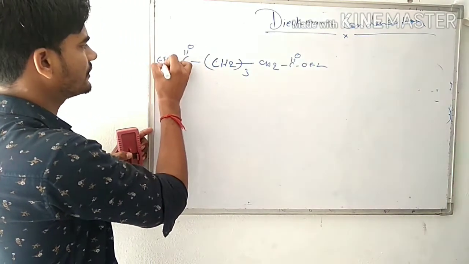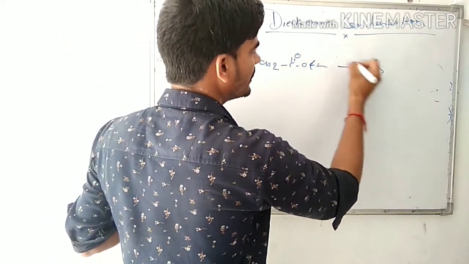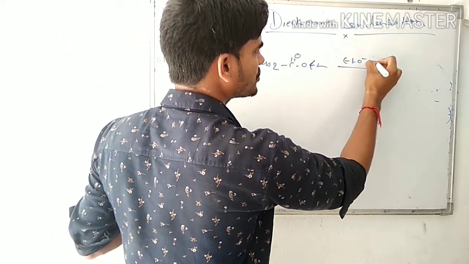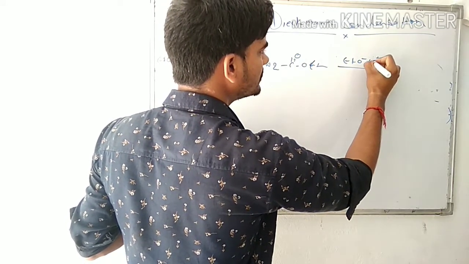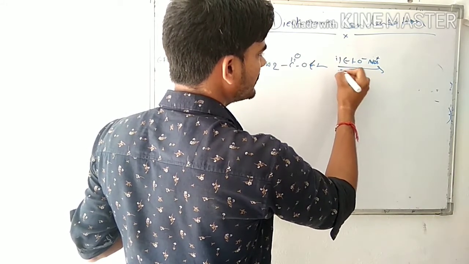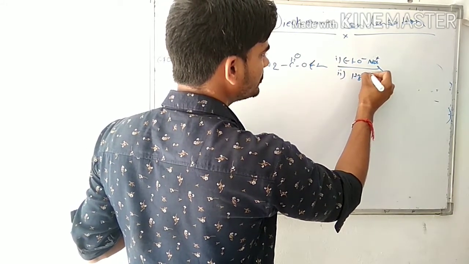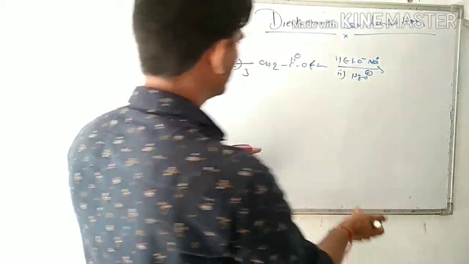It's a diester molecule. The base is sodium ethoxide, and in the second step it undergoes protonation and forms our cyclic product.